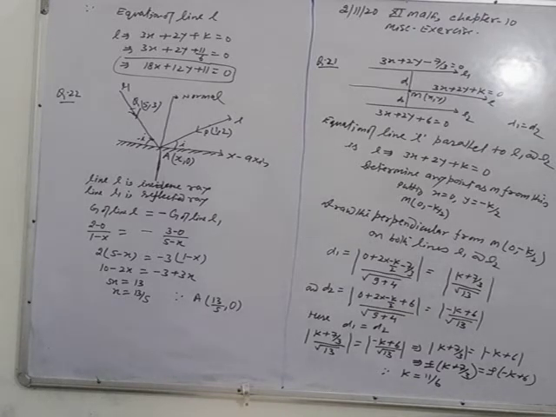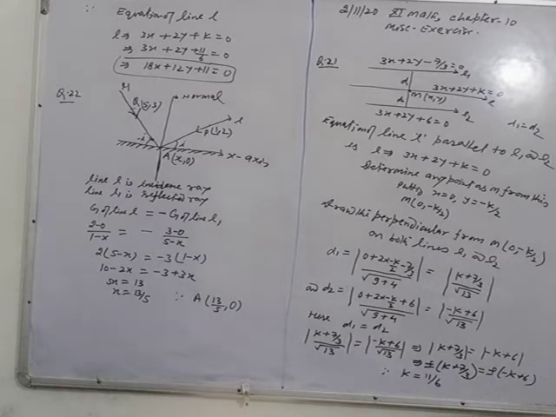Means you know a line passes through infinite points, so many points lie on the line. So here you determine one point by putting x as 0, y is minus k by 2. So the coordinate of M you can take as (0, minus k by 2).